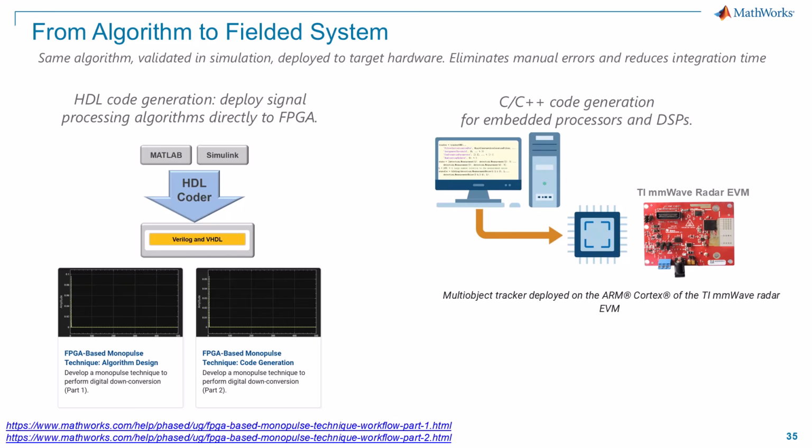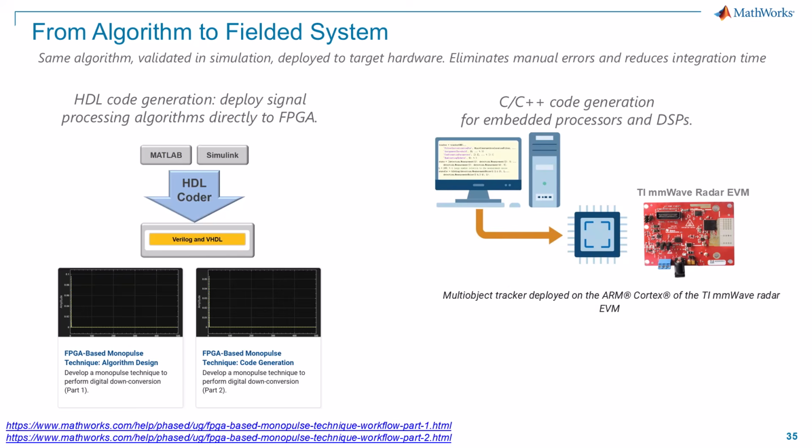The two examples at the bottom demonstrate FPGA-based monopulse direction finding. Part 1 covers algorithm design and fixed point conversion in MATLAB. Part 2 generates the HDL and shows the FPGA implementation results. The same algorithm you prototyped and validated in Phased Array System Toolbox is now running in hardware.